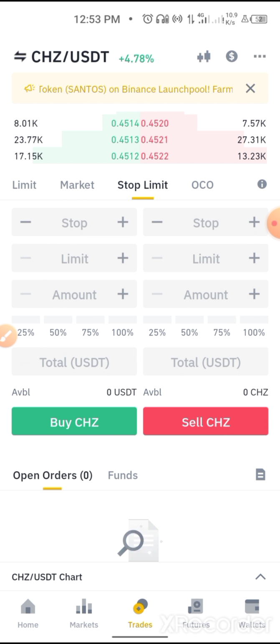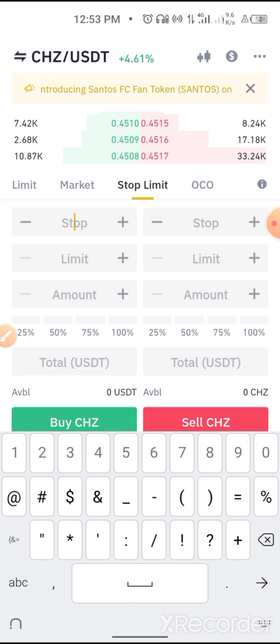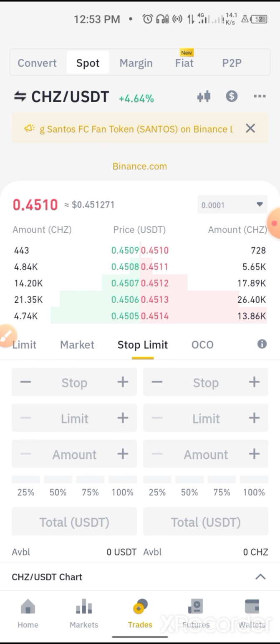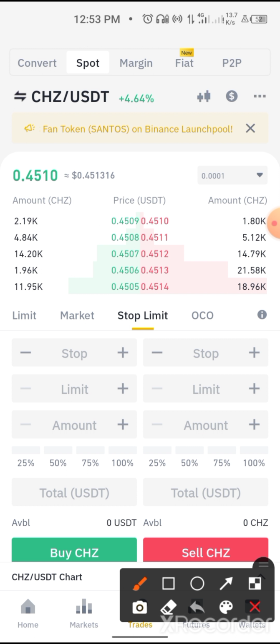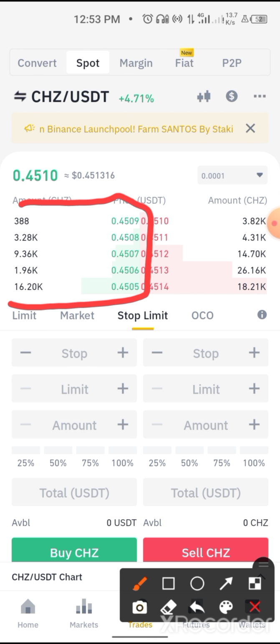Now, the third one is the stop limit. The stop limit is used to trigger an order. Now, let's scroll down. All these things we are seeing here are order book orders people have placed using either the limit order or the stop order or the OCO.